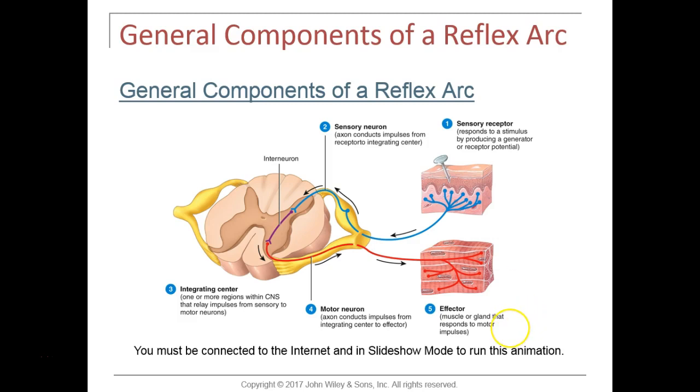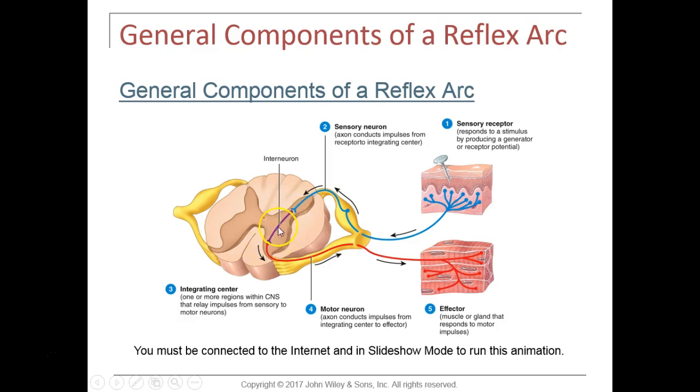So this is what we would call a somatic nervous system reflex, and we're going to learn some terms. This is what we would call a polysynaptic ipsilateral reflex. So let me tell you what those are. Polysynaptic means that the reflex involves multiple synapses. So here's one synapse between a sensory neuron and an interneuron, and another synapse between the interneuron and the motor neuron.